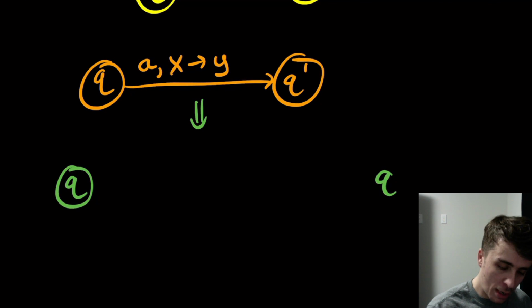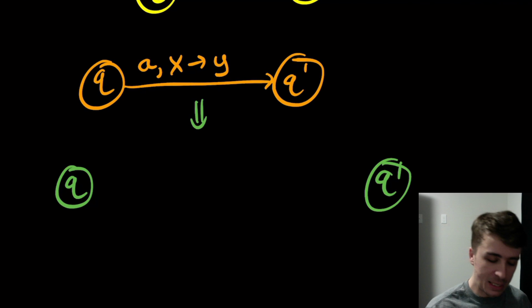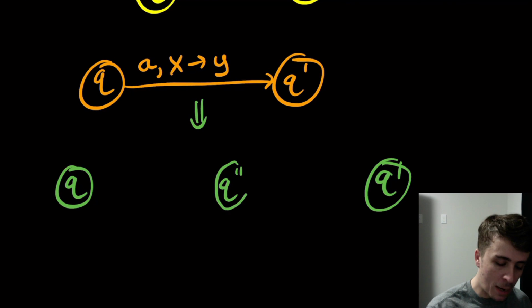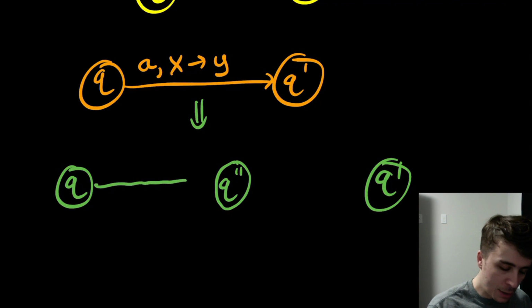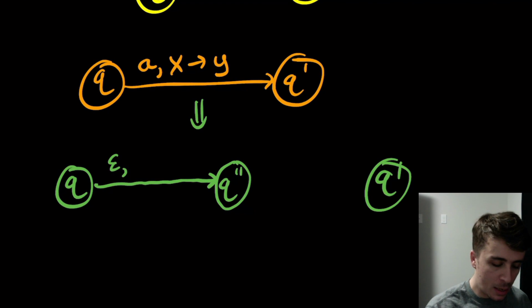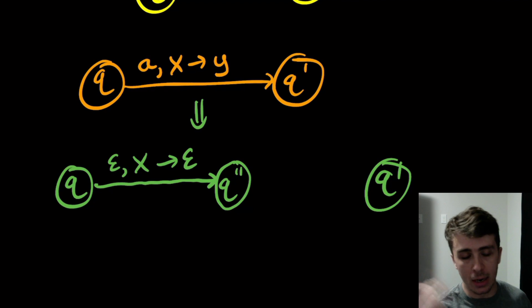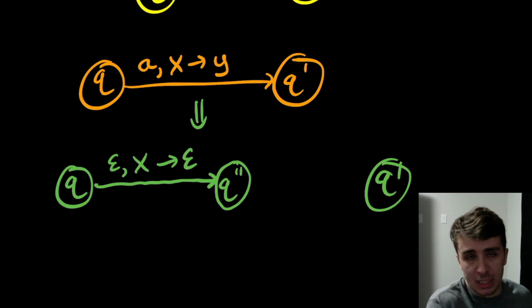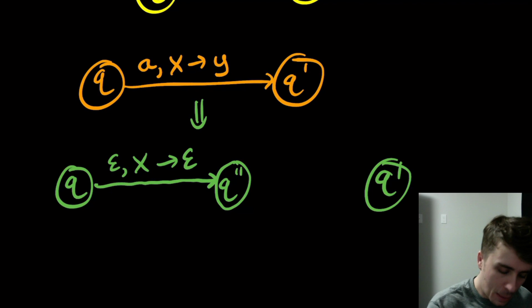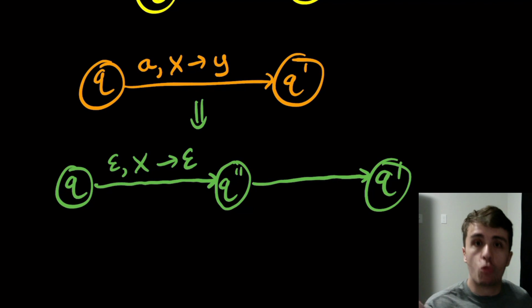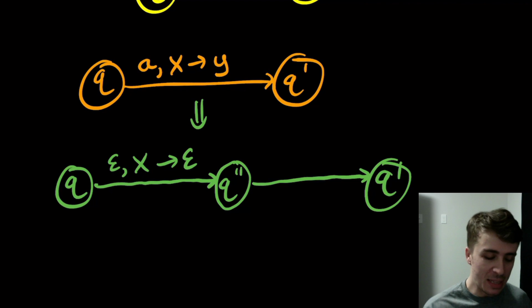So I have Q and Q prime on both sides. I'm going to put a state Q double prime in the middle. And how this is going to work is I'm going to have an epsilon here and pop an X and not push anything, although the push doesn't actually matter here because, again, it doesn't matter what the stack contents were. But what I'm going to do here is the rest of what the transition needs to do, which is the read and the push, because this one didn't do the push.